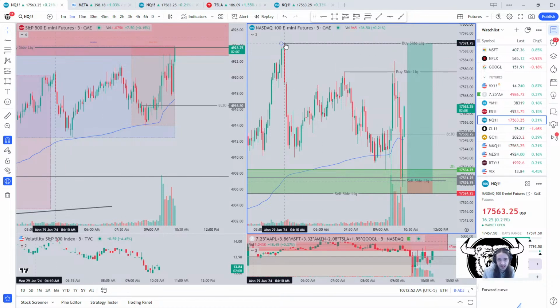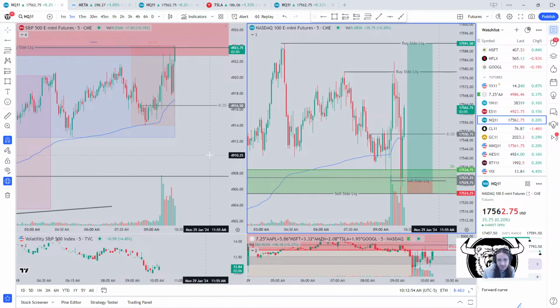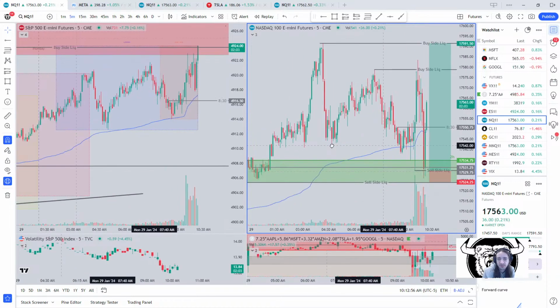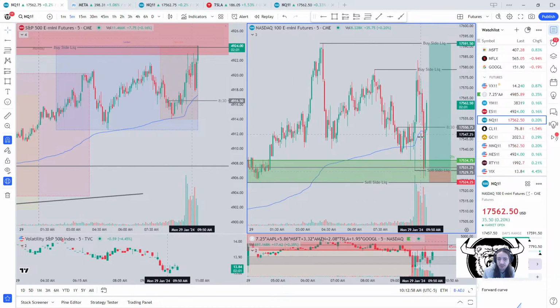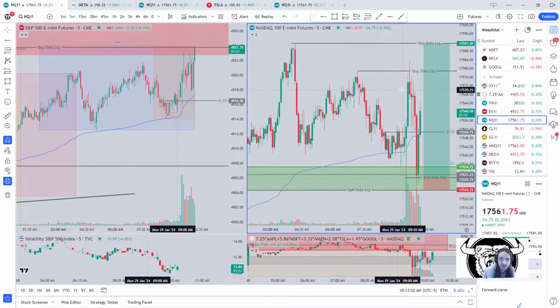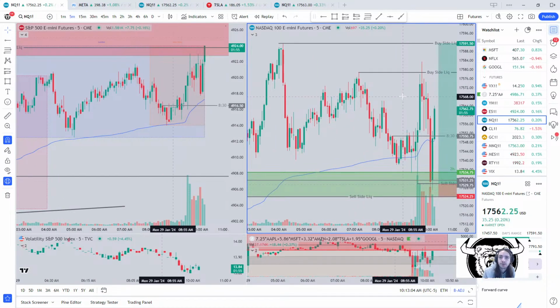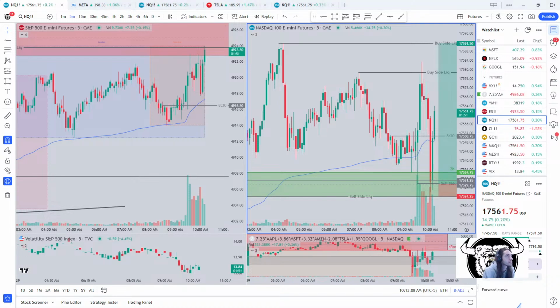That would be something, man. Because now we're in a bit of a range, right? We're breaking highs, pushing back, breaking lows, pulling back. So it's very interesting. Apple with some strength, Meta with some strength. Great market today, guys. I know I only caught this first trade, but this first trade was golden, dude.